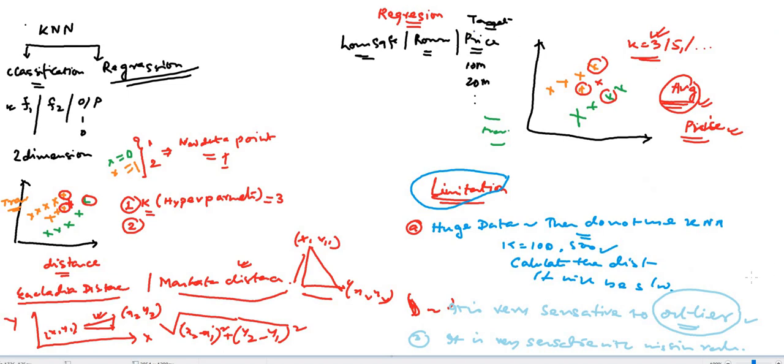Now this outlier point is very important, so let me just quickly explain it, even though we do not have much space on the screen. Please remember this outlier point is very important.